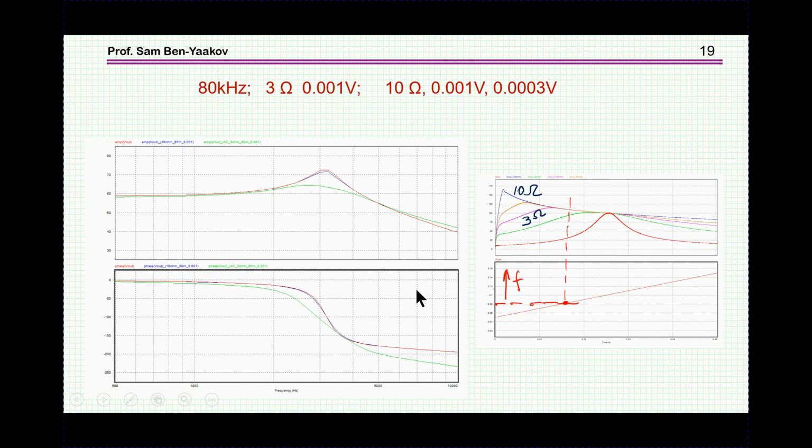So here is now a nice run. We have carrier, it's 80 kilohertz. We have two resistances, 3 ohms and 10 ohms. The excitation here is 0.001, and here is also 0.001, but I've added another one, and the reason is just to see if I'm in a good operating point in terms of the excitation.